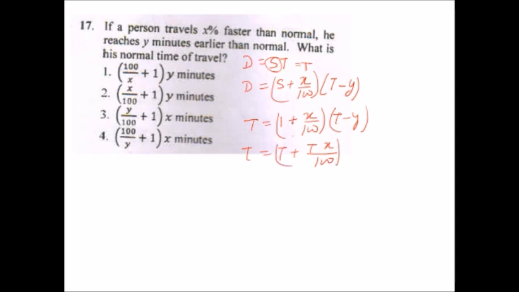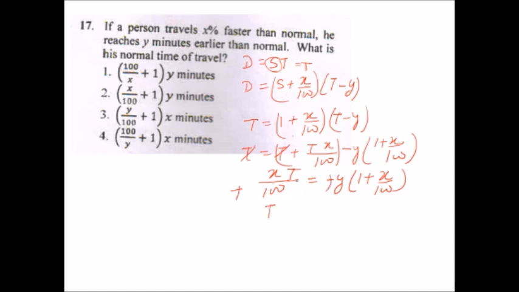Now multiply minus y with this, you get minus y into (1 plus x by 100). Now you can cancel out this t. When you shift t into x by 100 here, it will be minus x by 100 t is equal to minus y (1 plus x by 100). This minus minus will be cancelled out.